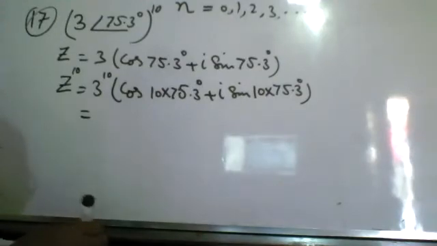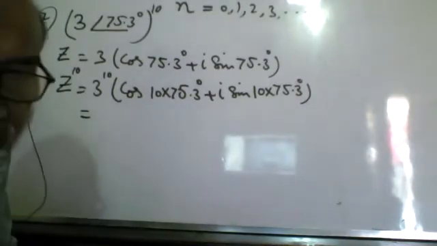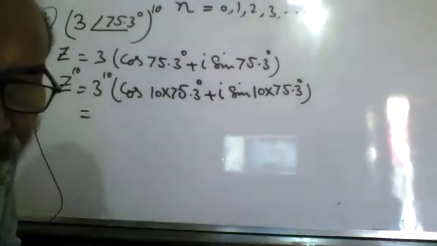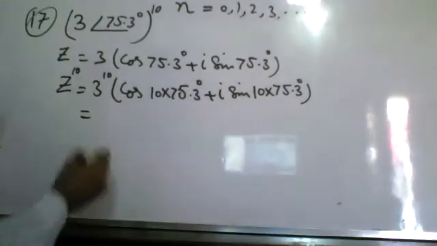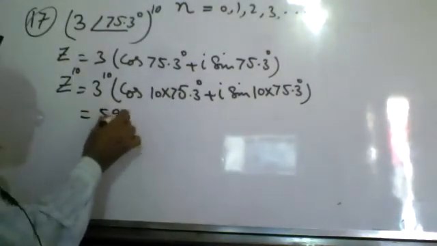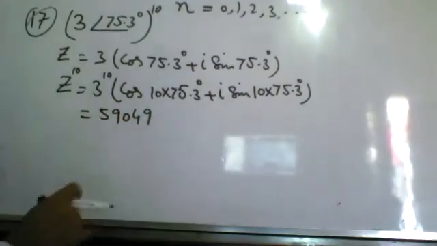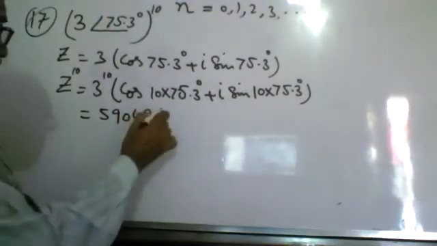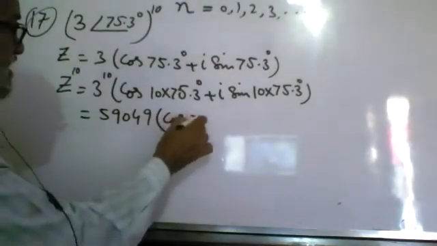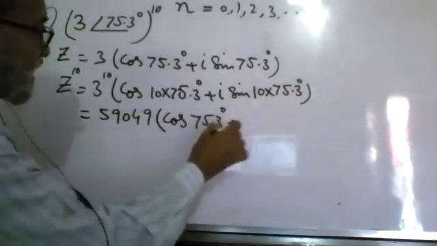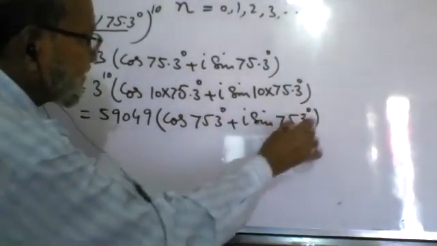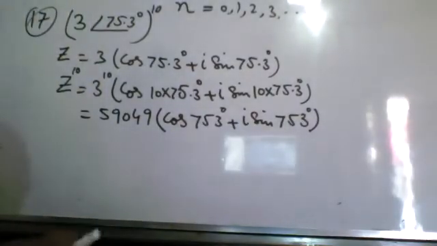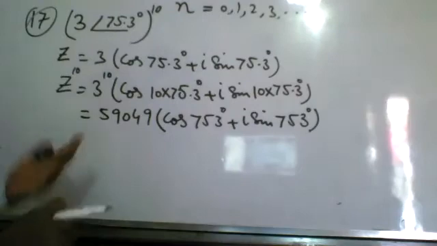Who will tell me 3 raised to power 10? 59049. Very good, 59049. Ariba Behzad told this answer. Into cos of 753 degree plus i sin 753 degree. So this is the final answer in polar form.